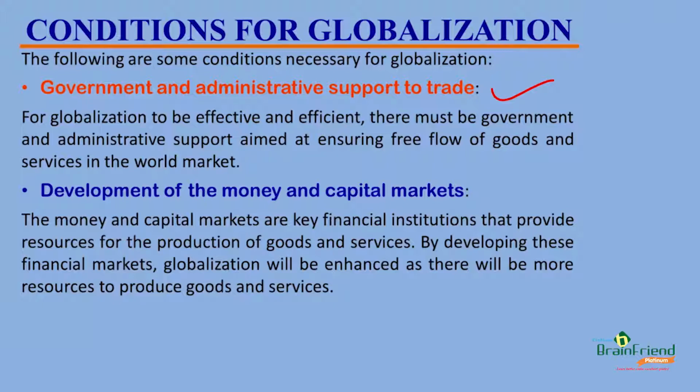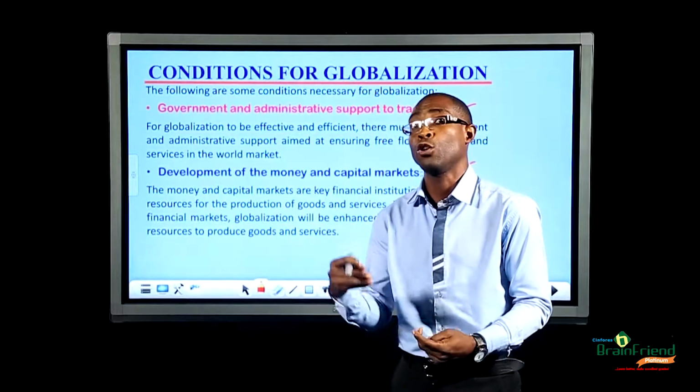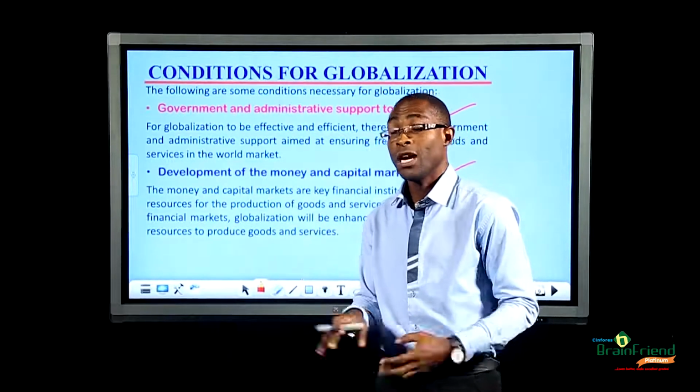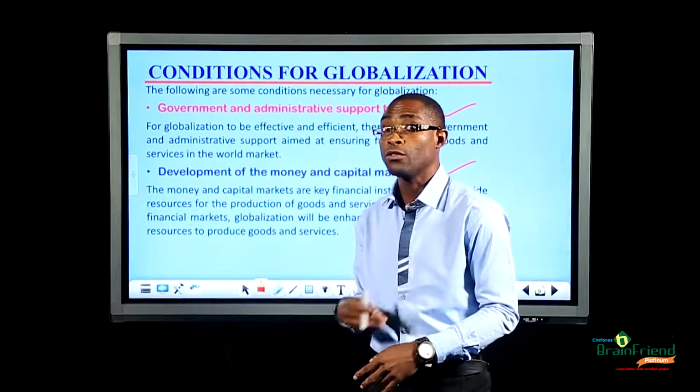Now, secondly, we have development of the money and capital market. Now, these are markets that pool resources which could be used for capital projects. Now, the money market is a market where you could get your short-term loans from, while the capital market is where you get your medium and long-term loans from.